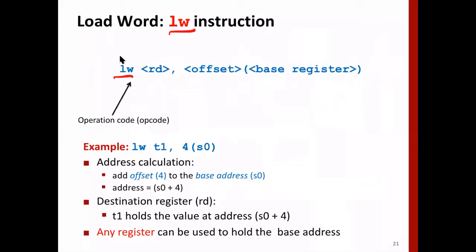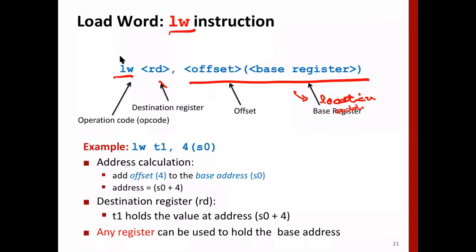This part gives the location in memory, or address, which is a byte address only. We are pointing to a particular byte, and from that byte onwards, for 4 bytes, whatever the contents are, bring them to a register, which is defined by RD. So let's look at the example here.